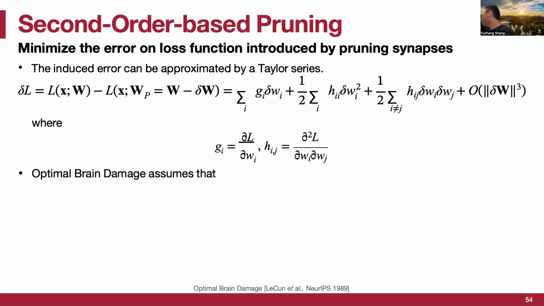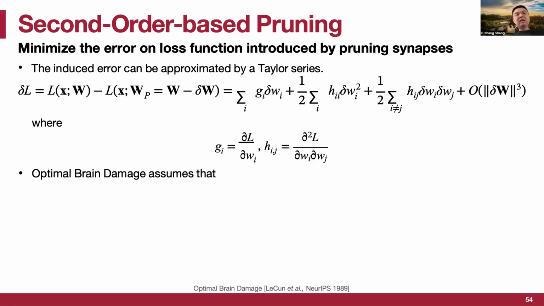Actually, it's Lecun's work. I mentioned it's like 40 years ago work, but the high level idea still works in nowadays large language model pruning and large language model quantization. Okay, let's dig into those methods.